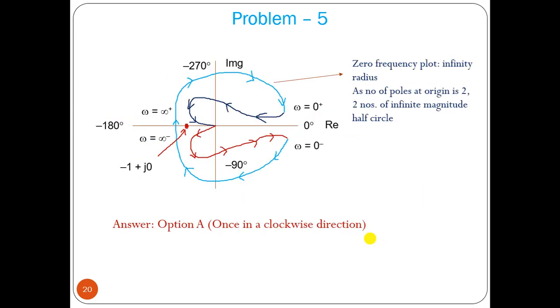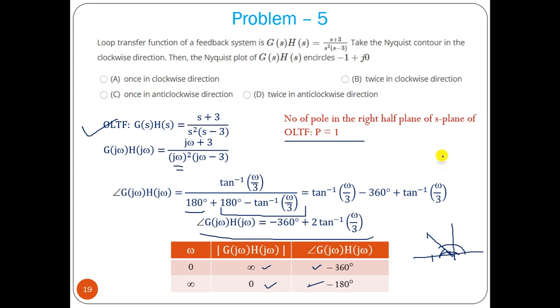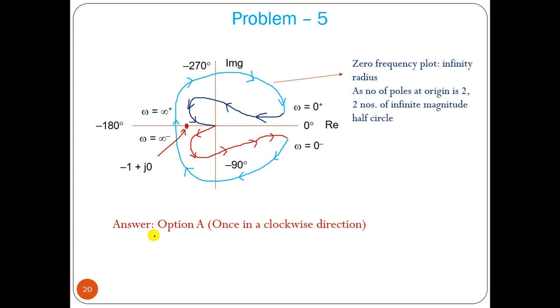Now we can plot. What is the plot? We can see here that it starts from minus 360 degrees. So this is your 0 degree, minus 90, minus 180, minus 360, which should be minus 360 degrees or 0 degrees.